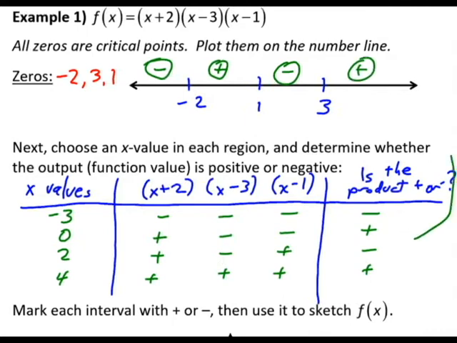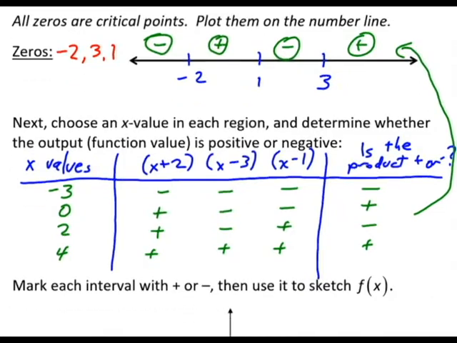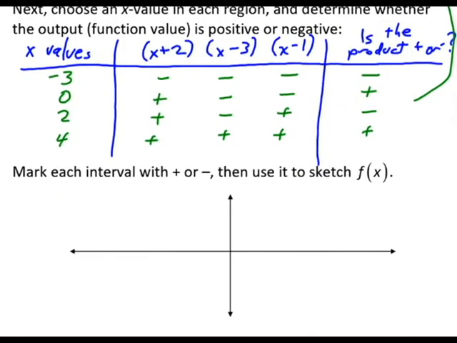Now that we've used all the products to mark the number line, we have enough information to do our sketch. I'm going to start by marking the x-axis with all the critical points, done roughly to scale. Our critical points are the zeros of the function, so they are x-intercepts.